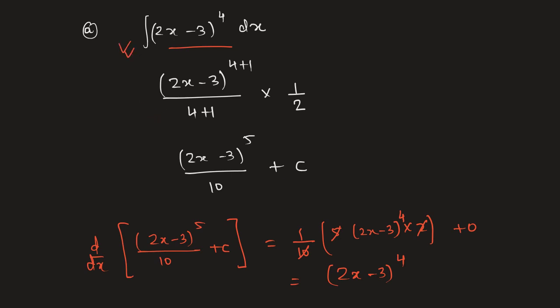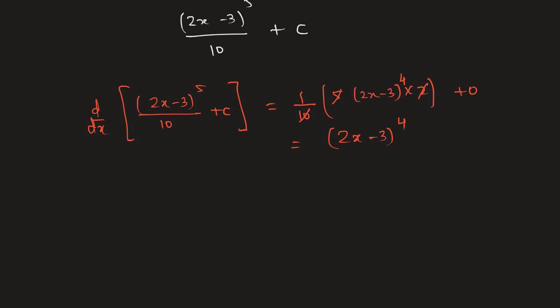Okay, now let's look at one more example. Let's suppose we have something similar to this: 20 divided by (1 minus 4x) to the power 6 dx. How do we integrate this?